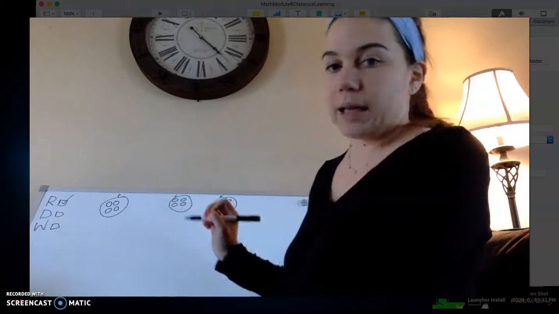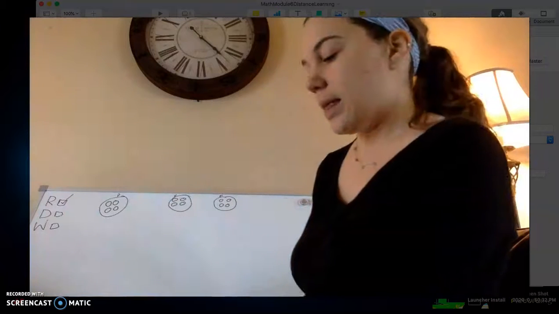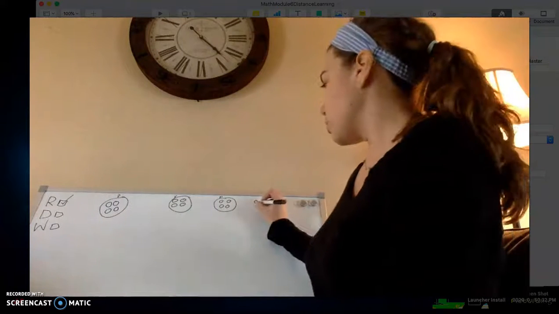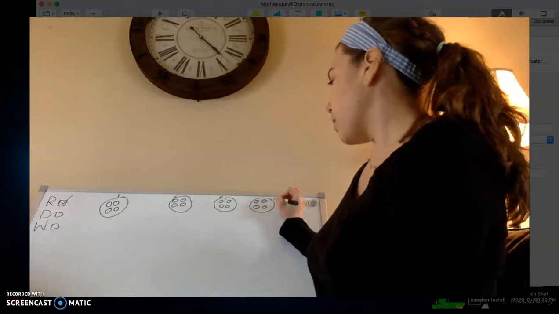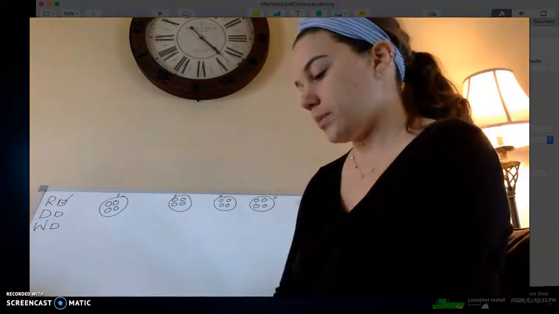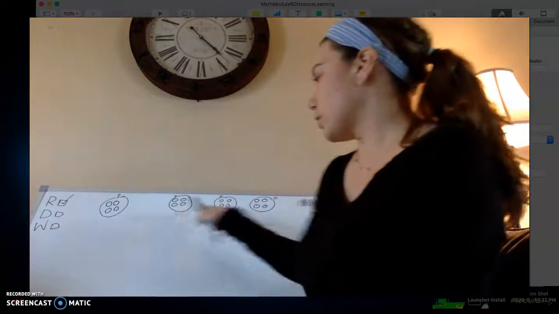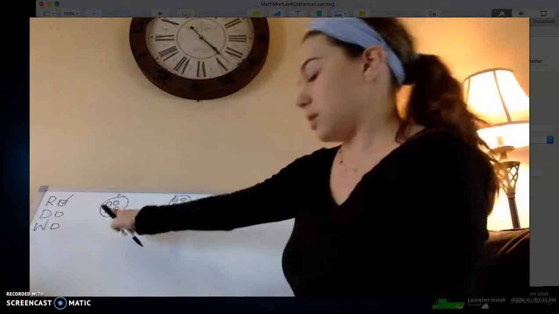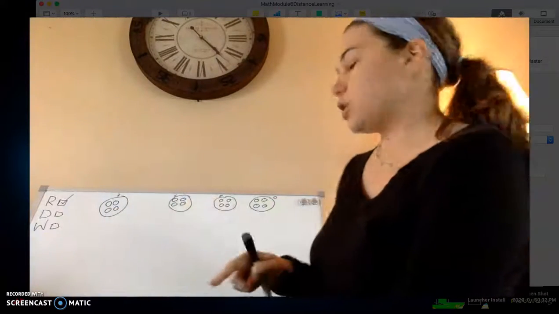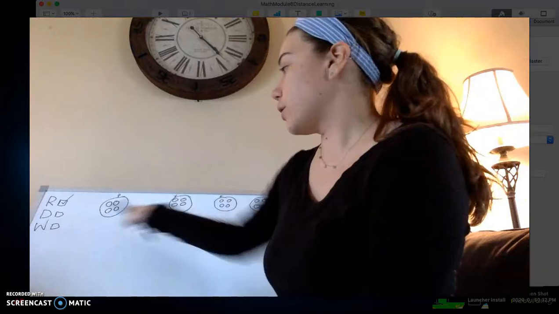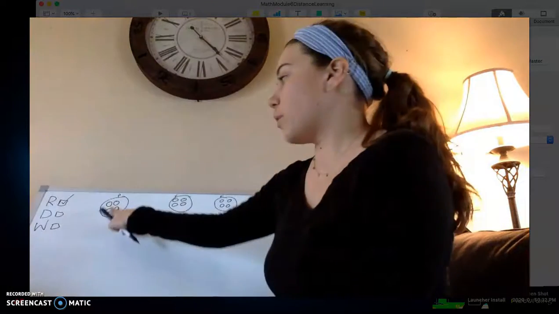Label that with PI so I know it's pink. And then I'm going to draw my 4 orange. 1, 2, 3, 4. Label that with O for orange. So I drew my 4 groups, or the 4 different colors, and each one had 4 inside. So we right now have 4 groups of 4 socks.